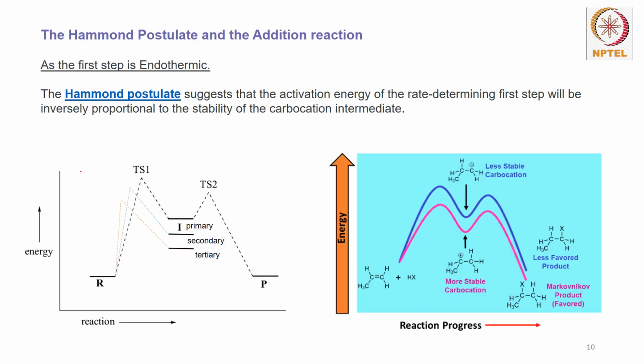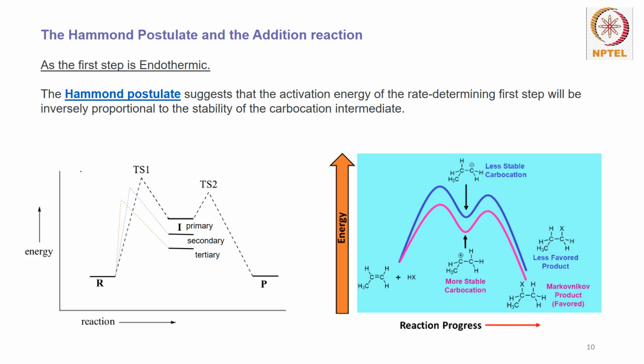So next we want to describe the result we get from the addition reaction using the Hammond postulate. As we have already said, in case of addition reaction also, the first step, where the double bond takes up the proton, is an endothermic reaction.